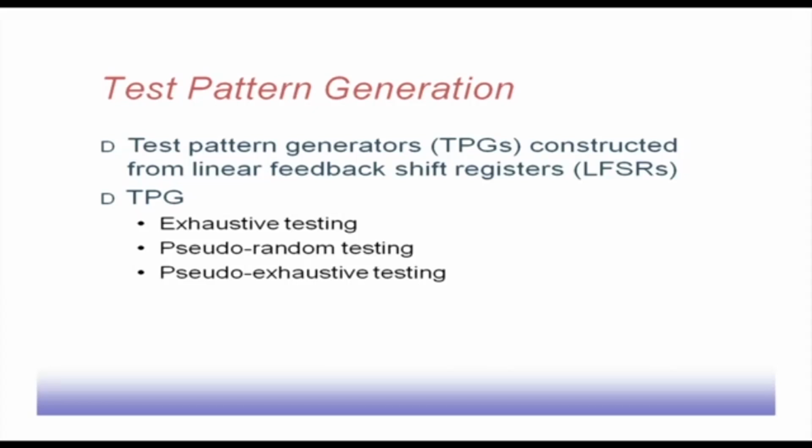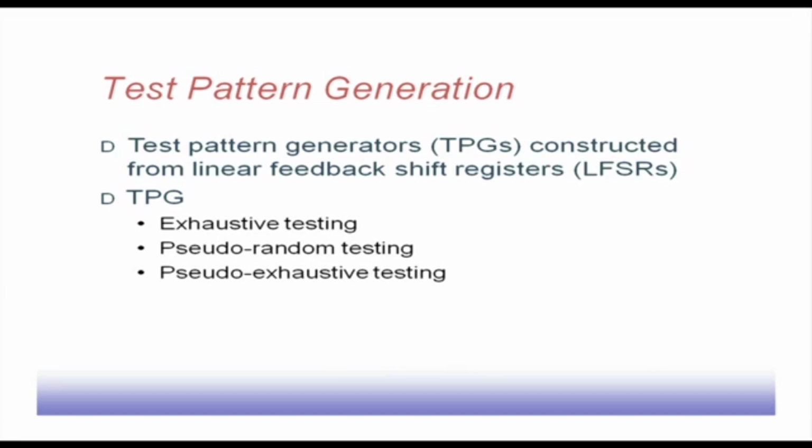Now, this test pattern generation philosophy can be for different types of situations. We can try for exhaustive testing, which requires that all patterns are applied to the circuit. Then pseudo random testing. This is basically random testing, but it is pseudo, that means after generating some patterns, it will repeat itself.